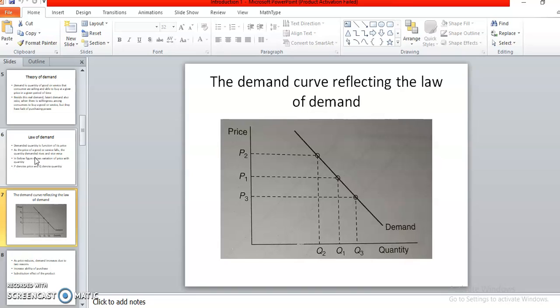As the supply or quantity increases, price reduces. Again, as the supply decreases, the price increases. So we can observe this in the demand curve, which reflects the law of demand. We can plot this demand curve like this.